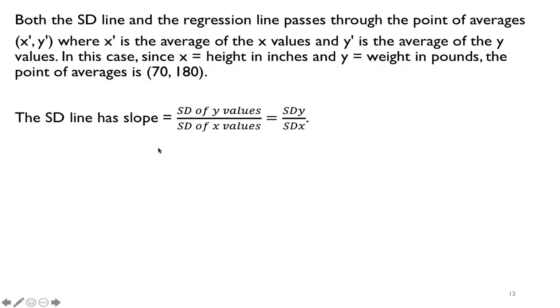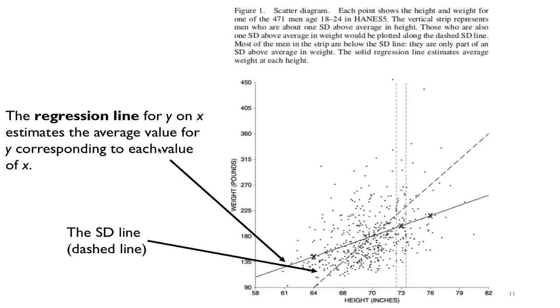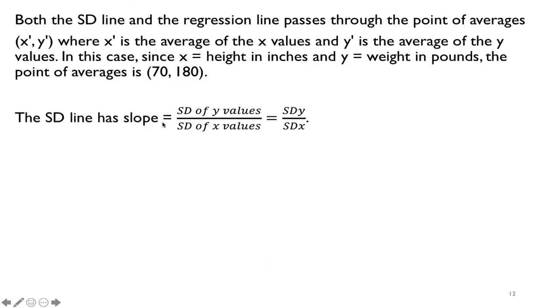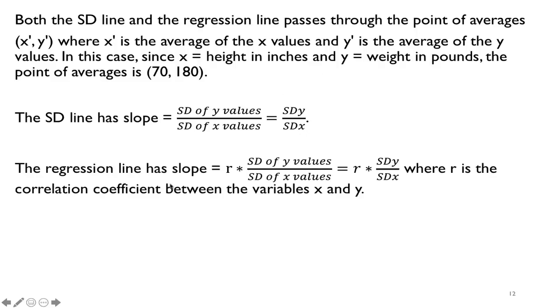The SD line, the dashed line that we see here, has the following slope. The slope is SDY divided by SDX. It's basically the spread in the y direction divided by the spread in the x direction. The regression line, again, is another line that also goes through the same point, 70, 180, but this has a different slope. It takes the slope of the SD line multiplied by the correlation coefficient.